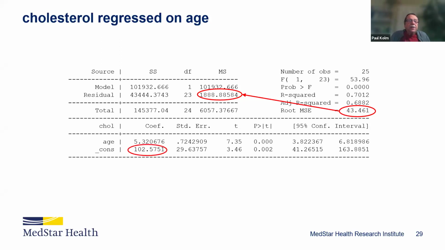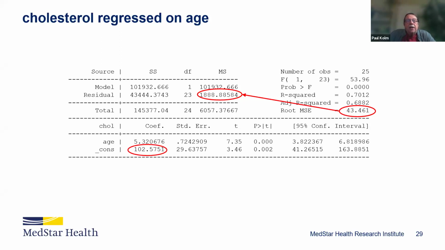And then in our output here, we see that for age we get a regression coefficient of 5.3. That means that for every 1 unit increase in age, cholesterol goes up by 5.3 units.